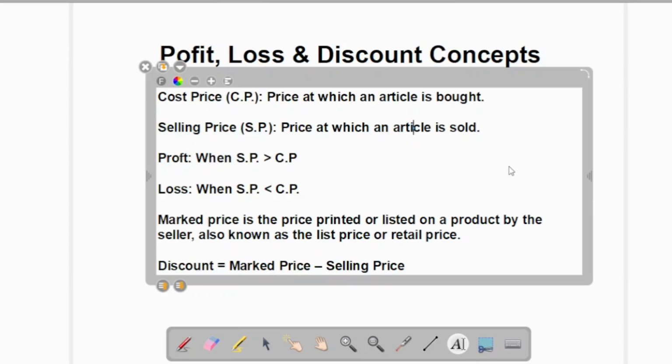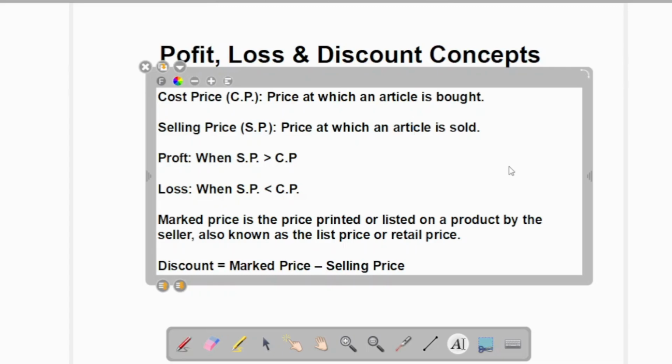Now, when the selling price is greater than the cost price, you are making a profit. But when the selling price is less than your acquisition price, the cost price, you are making a loss. Apart from the cost price and selling price, we have a marked price. What is marked price?